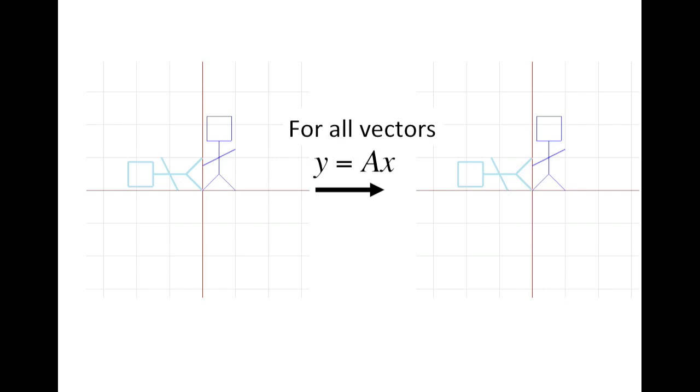So in order to figure out what the matrix is that transforms these vectors, we can ask the question, how do we transform Timmy from the blue figure into the light blue figure? And we'll call the light blue figure the target. So how are we going to do this?